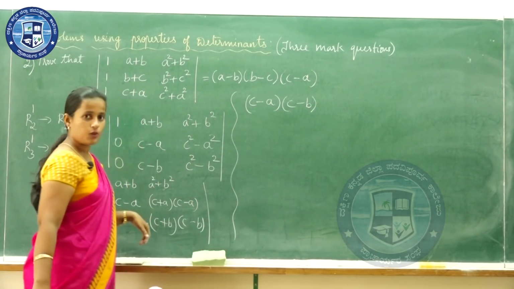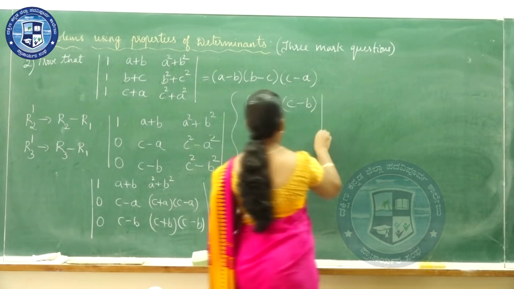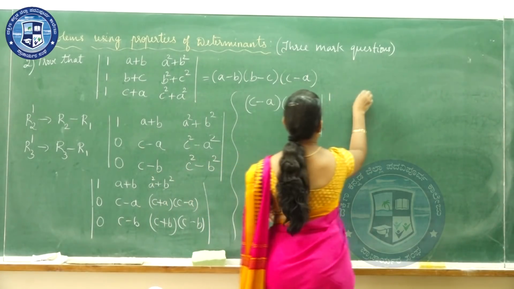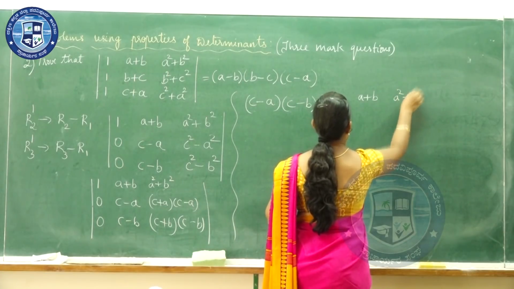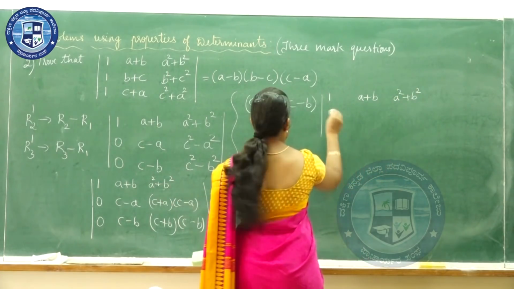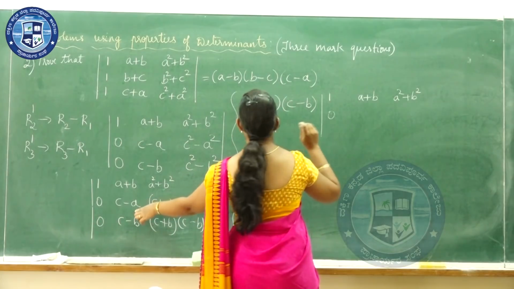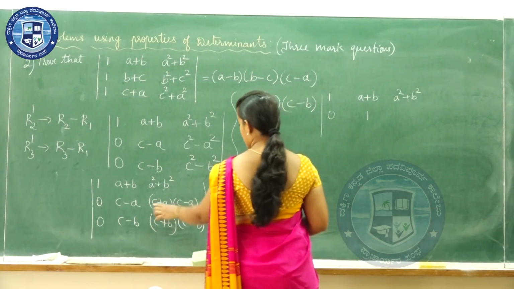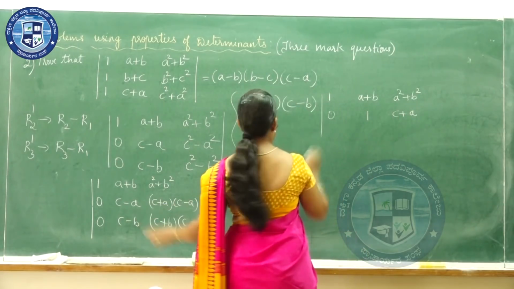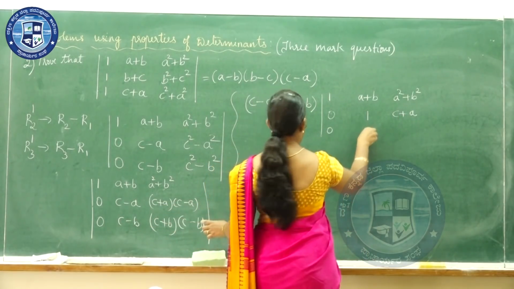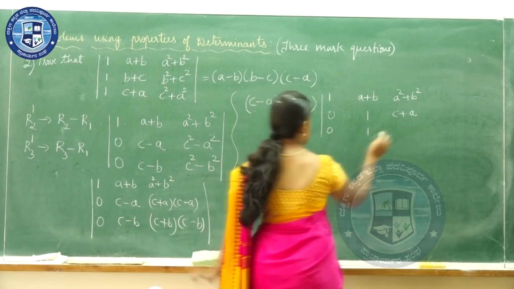Now write what is remaining. Rows: 1, a plus b, a square plus b square; 0, 1, c plus a; 0, 1, c plus b.